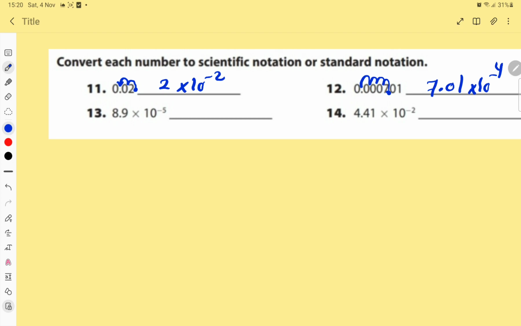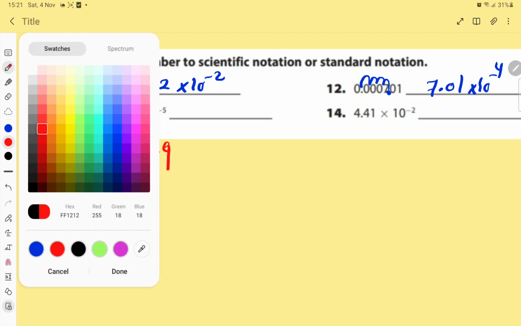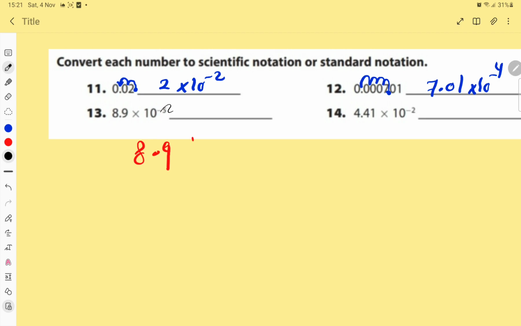Next, 8.9 times 10 power negative 5. This time I will move the decimal point 5 steps, but to the left, because it is negative. So 1, 2, 3, 4, 5. Here is the new decimal point, 0 before and zeros in the empty places.